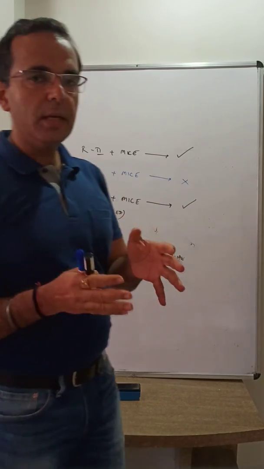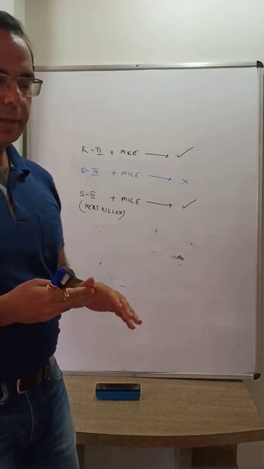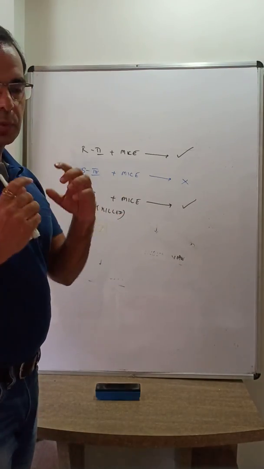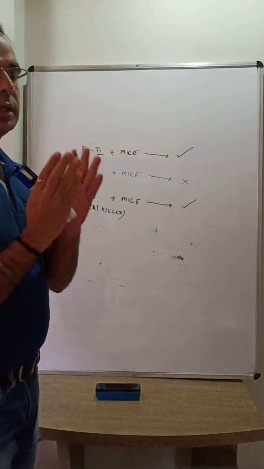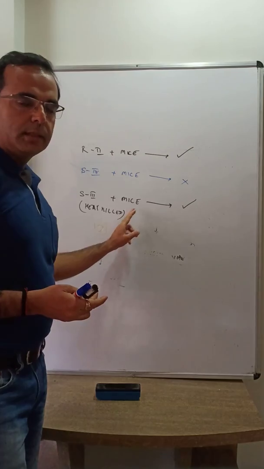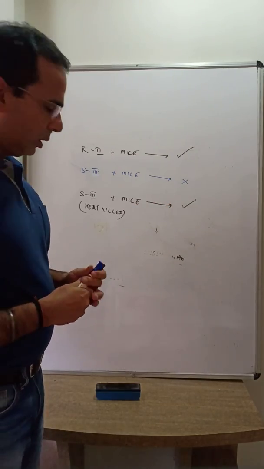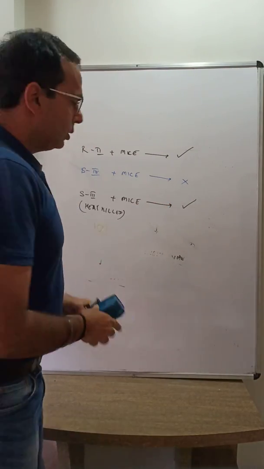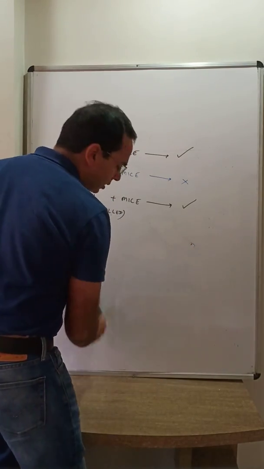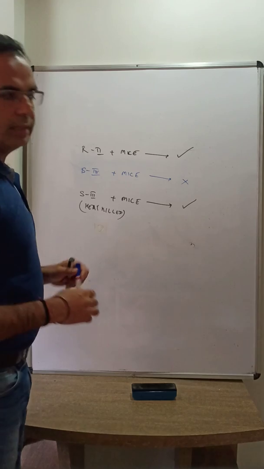Denaturing means a double-stranded DNA converts into a single-stranded DNA. So in that case, the DNA remains intact. The property of the DNA is not lost, although the double-stranded DNA converts into single-stranded DNA. And he again injected it into mice, and the mice survived this time. So what he found, there was something with the S strain that again and again killed the mice, but when he killed it, the mice survived.